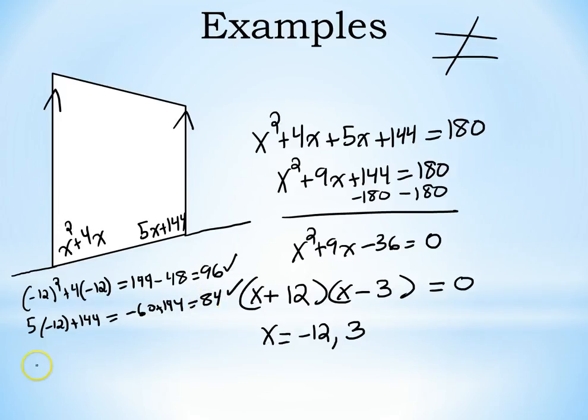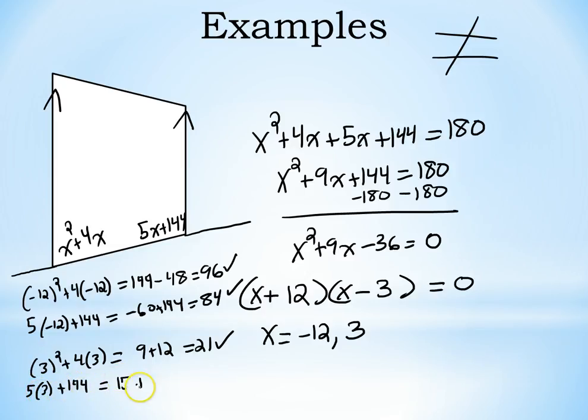We're good. Plug in 3. 3 squared plus 4 times 3. 9 plus 12 equals 21. That seems fine. And then 5 times 3 plus 144. 15 plus 144 is 159. And that seems okay. And again, they both add to 180. So negative 12 and 3 are both solutions. And that's fine.